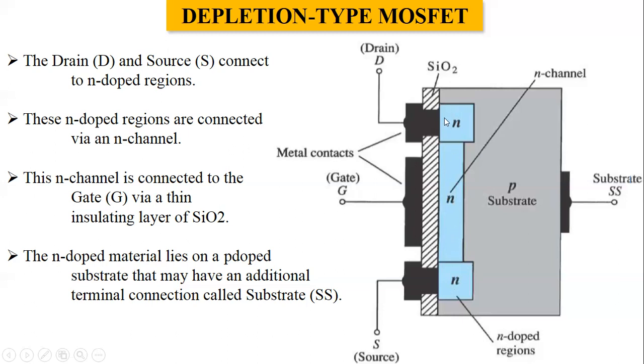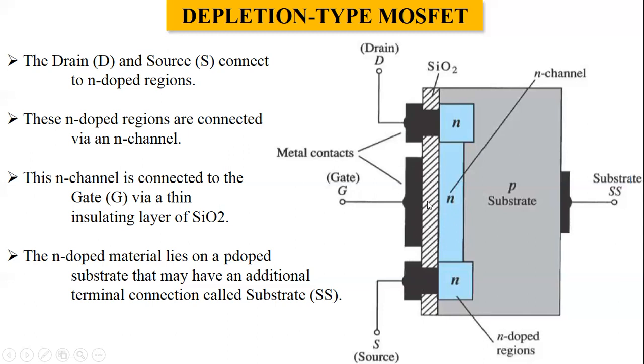But always remember, between the gate metal and the channel we have an insulating material, the silicon dioxide layer. It will not conduct current.